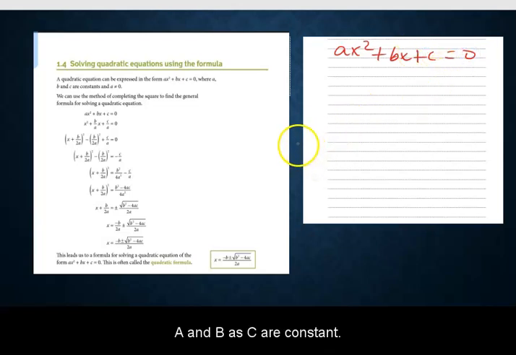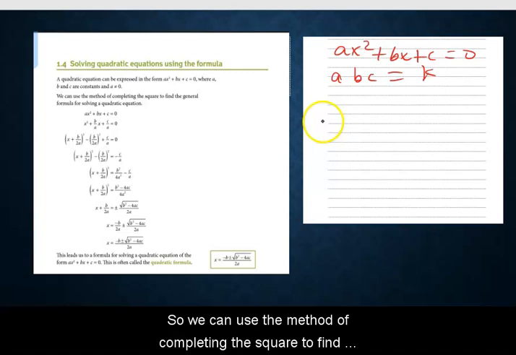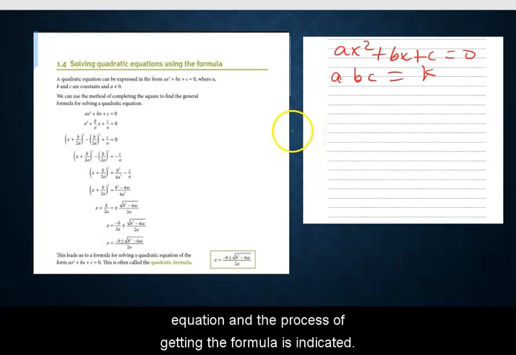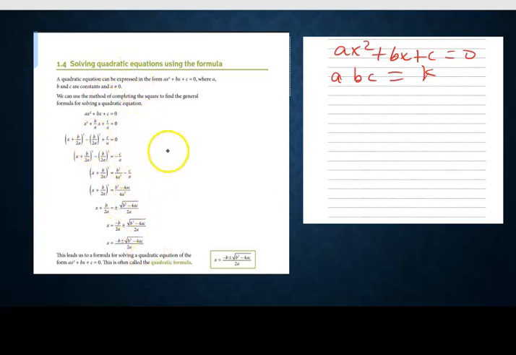A, B and C are constants. So the three values A, B, C are constants. We can use the method of completing the square to find the general formula for solving the quadratic equation. And the process of getting the formula is indicated.